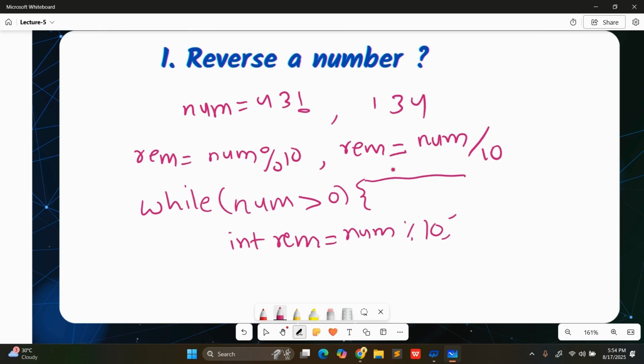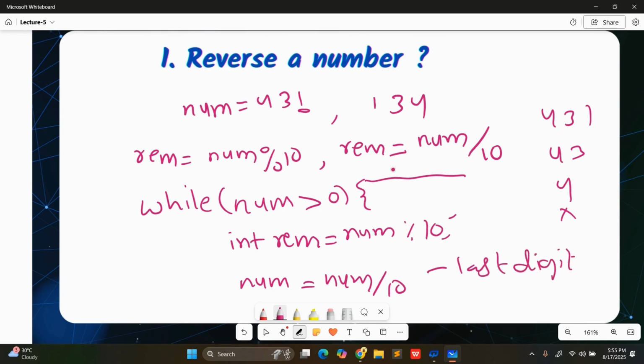After getting the remainder, remove that element. So let's say this is 431. In the next iteration I want this one, next iteration I want this, and at last we need to stop here. So number is equal to number divided by 10. This removes the last digit.